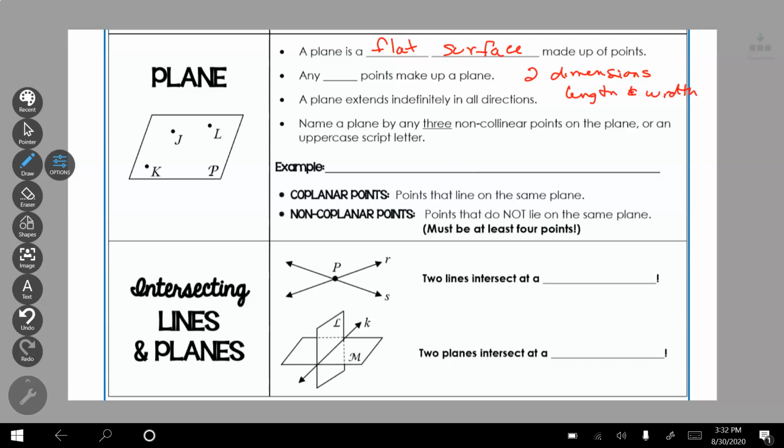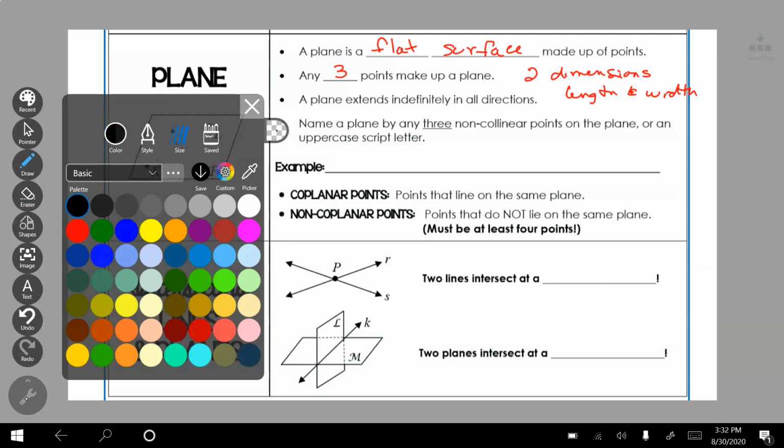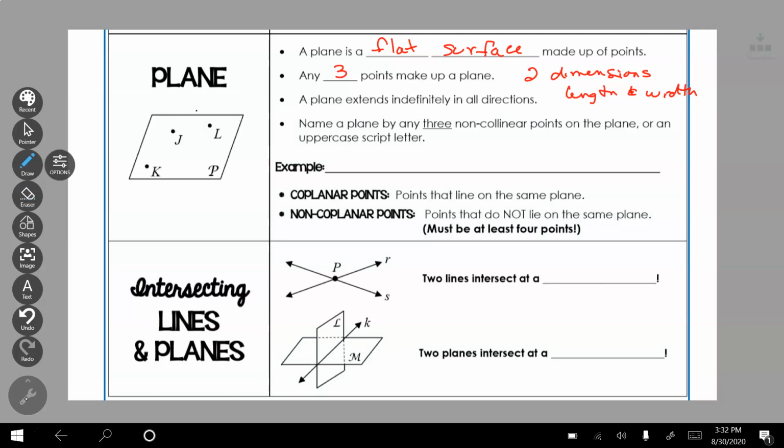No real depth. A piece of paper would have a slight bit of depth. To name a plane, we use any 3 points on the plane. If you look at this plane over here on the side, that I'm circling in purple, this plane doesn't end like a sheet of paper. It goes on forever in all directions.